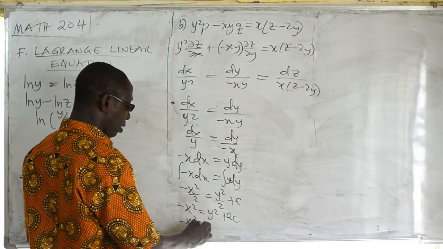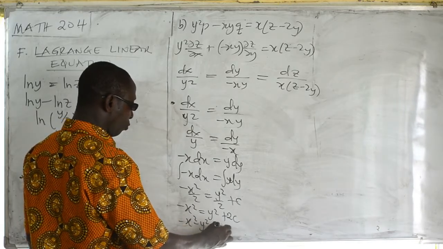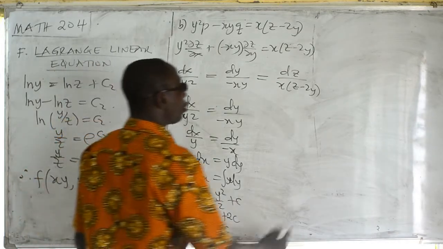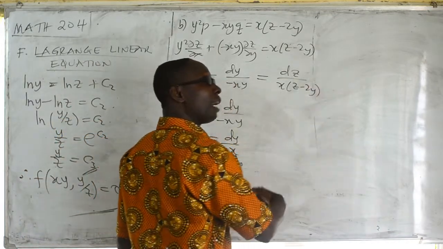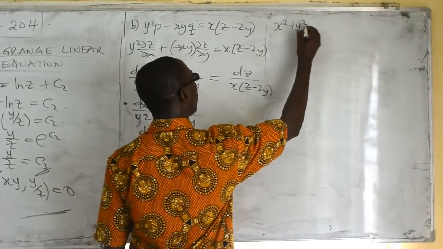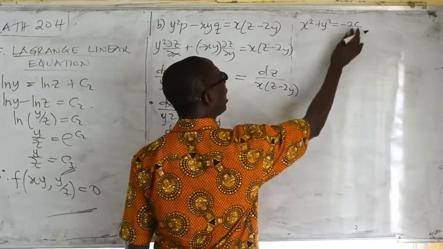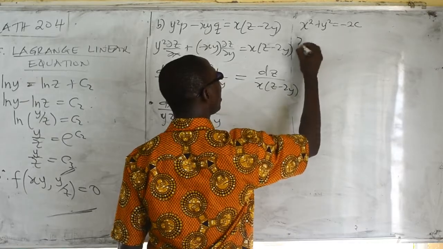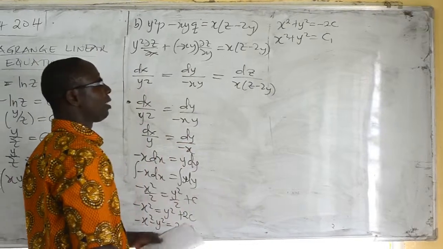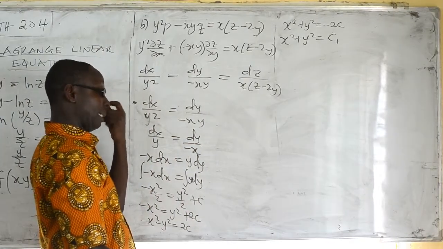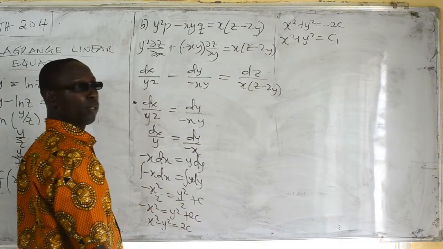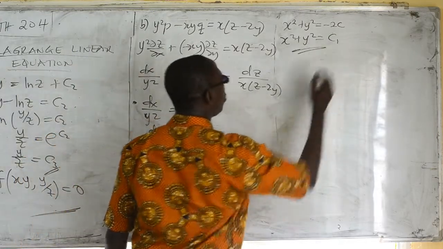Minus x squared minus y squared is equal to 2c. I multiply through by minus. I will have x squared plus y squared is equal to minus 2c. I replace minus 2c by a simpler constant, c1. So I've gotten one solution.